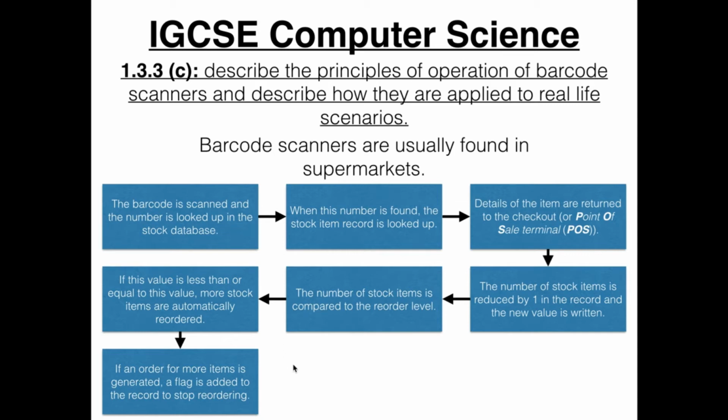So basically, say the reorder level was 50, for example, and you had 51 items. Someone bought one and it decreased to 50, then it automatically will reorder. It'll automatically send the reorder signal.